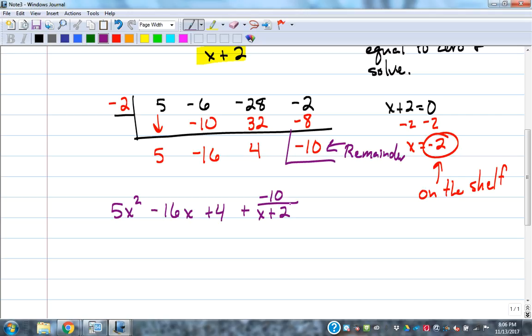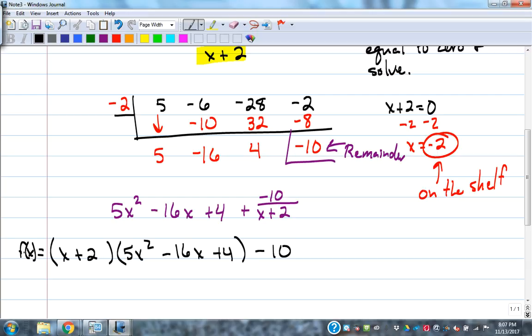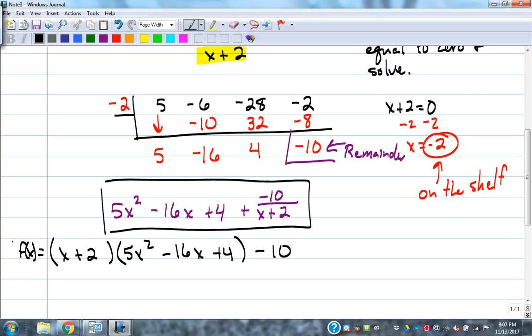Okay. There's also another way to write the solution to this, and that would be writing it as x plus 2 times 5x squared minus 16x plus 4, and then minus 10. That's also an accepted format. Know both of them. This is correct. This is also correct.